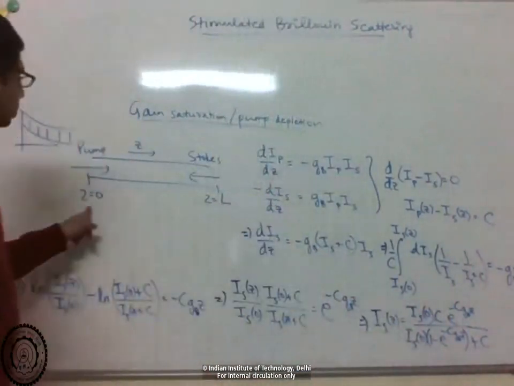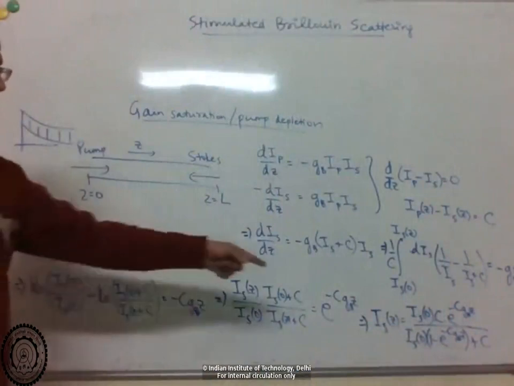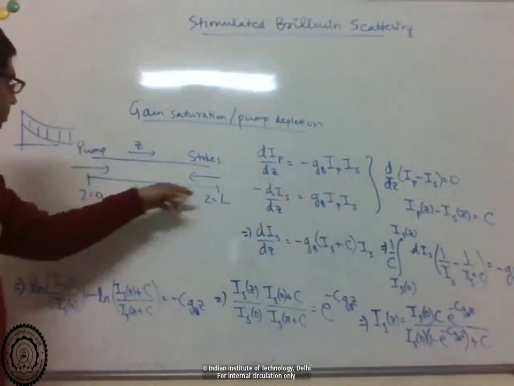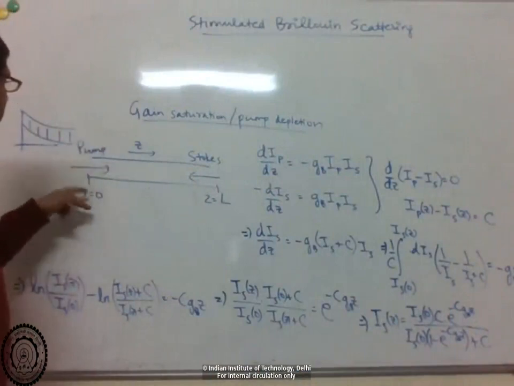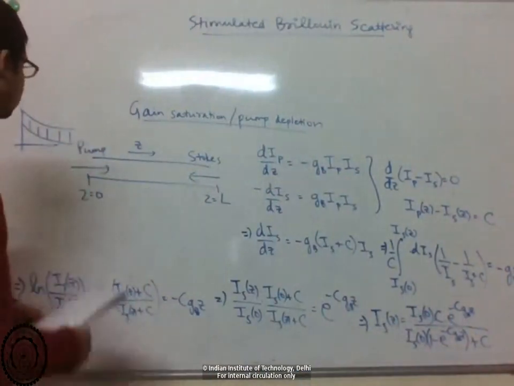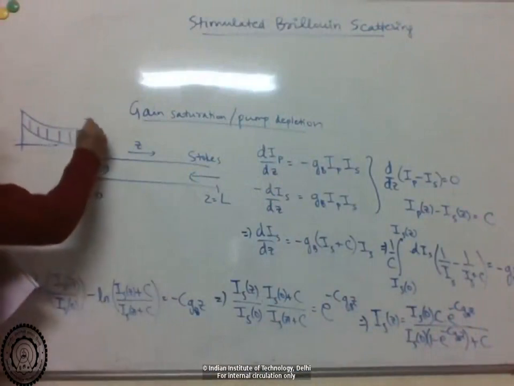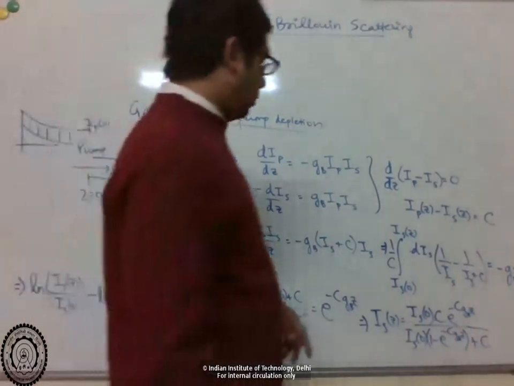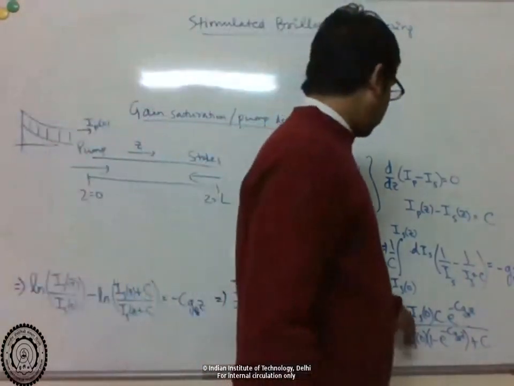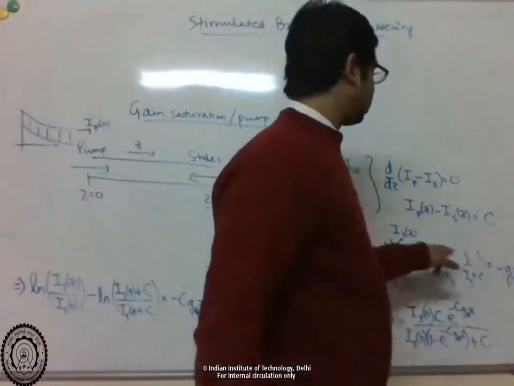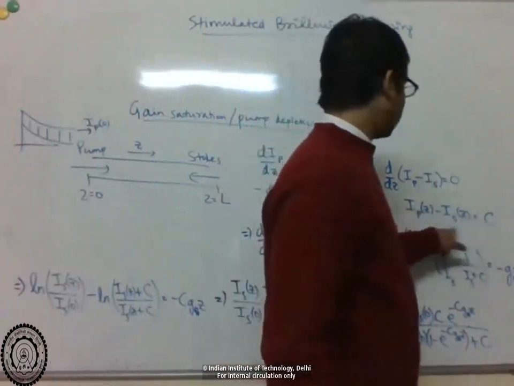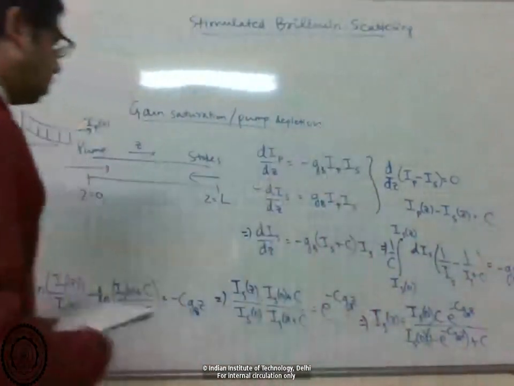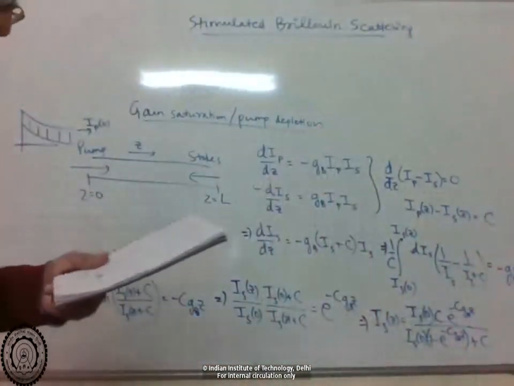Now IS at 0, we don't know a priori. That's basically how much Stokes ends up after amplification at my input. What we know is IP of 0, the pump that we send in. So we can convert the IS zeros into IP zeros by this relation, because at Z equal to 0 this relation also holds: IP 0 minus IS 0 is C. So we can substitute that.